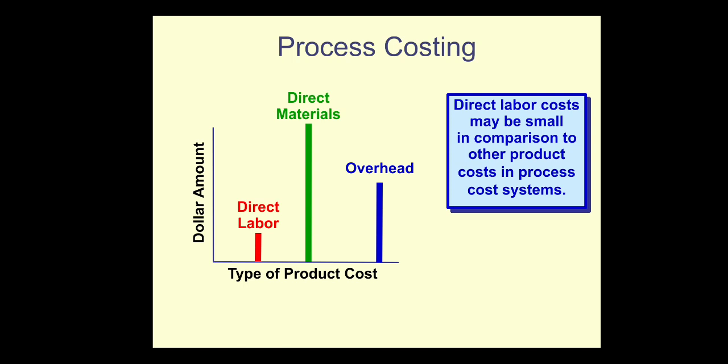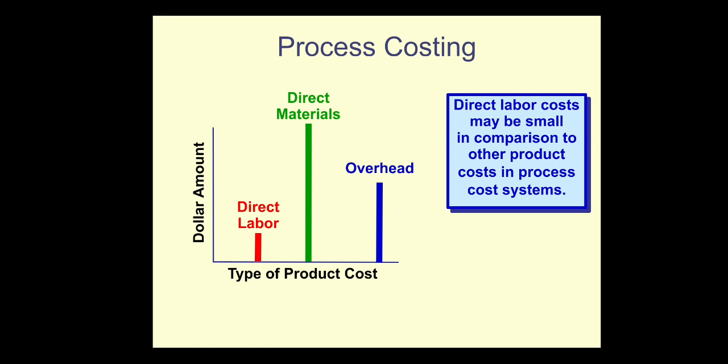To produce the soft drink, the business has to pay for the bottle, for the drink inside the bottle, and the label for the bottle. Those are the biggest costs, which is the direct material cost.